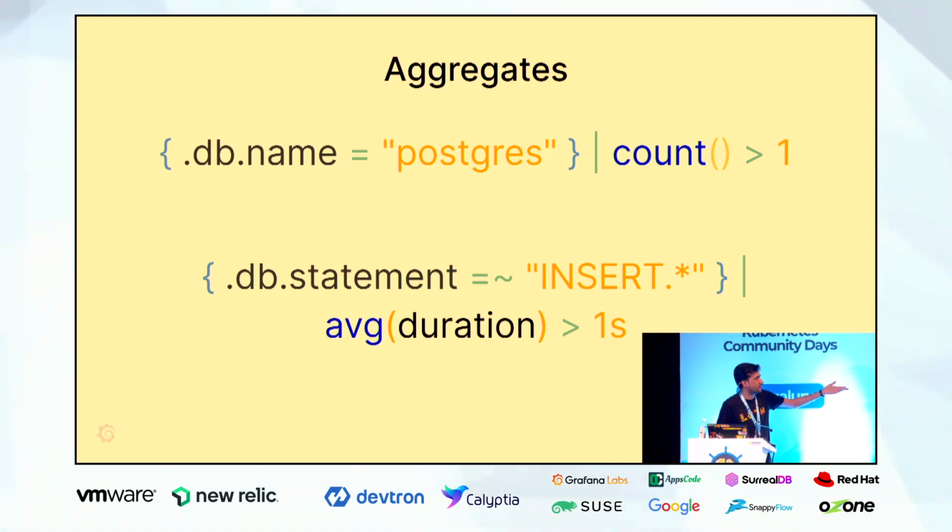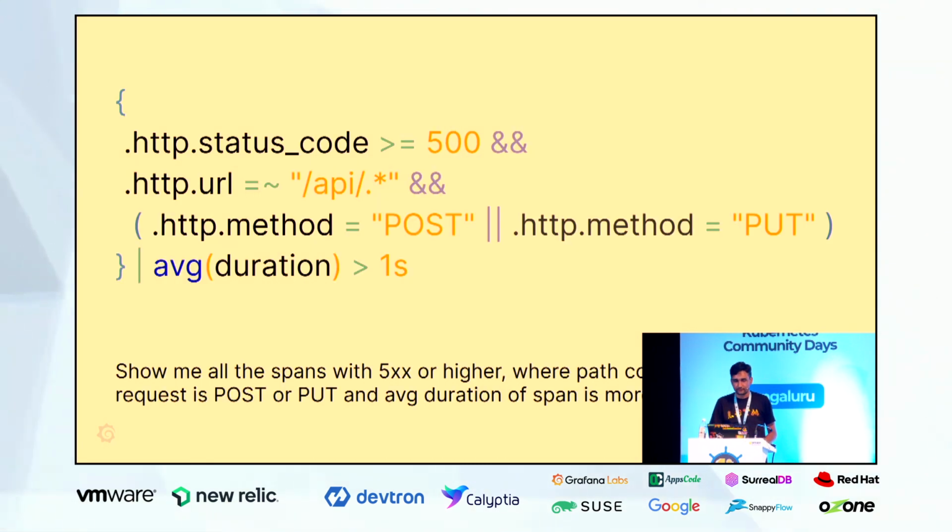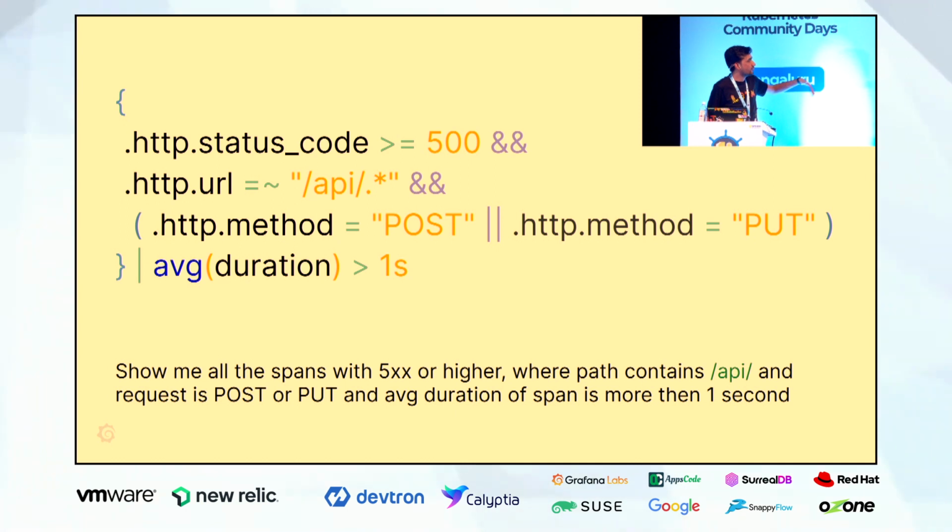Again, it understands time, so you can say average of duration. It knows the duration is time. It can do an average, and then you can do a comparison on it. Another interesting query is this one, right? This query is asking a question that says, show me all the spans with status 5xx or higher, where the path contains API, and the request is either POST or PUT.